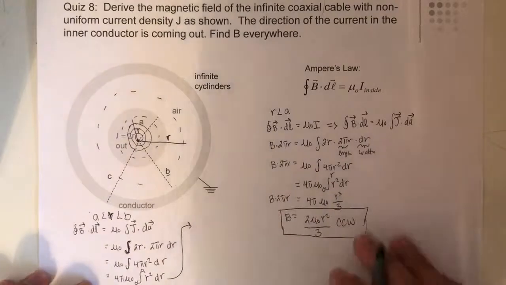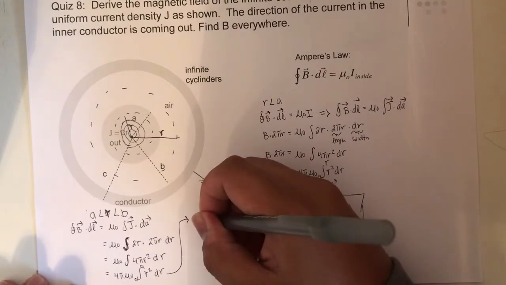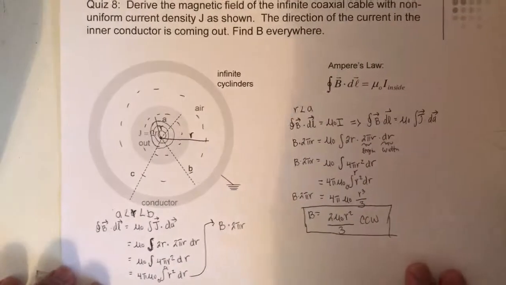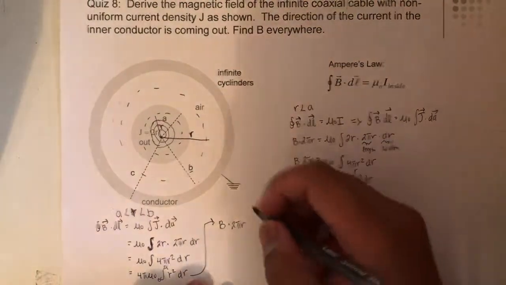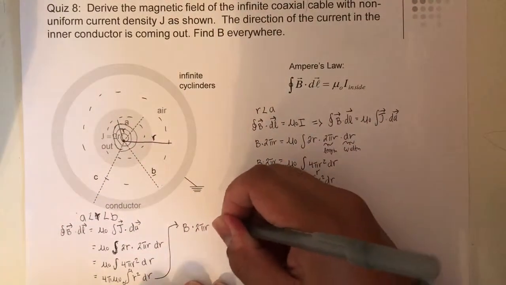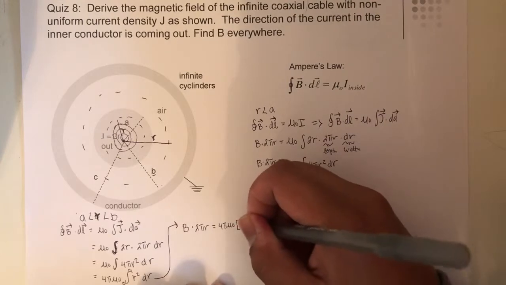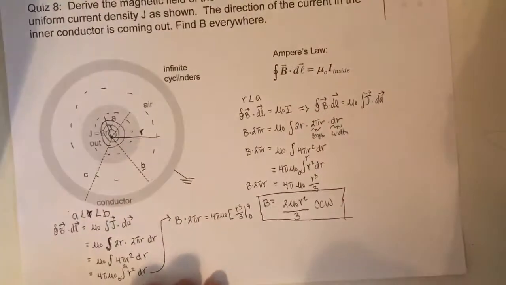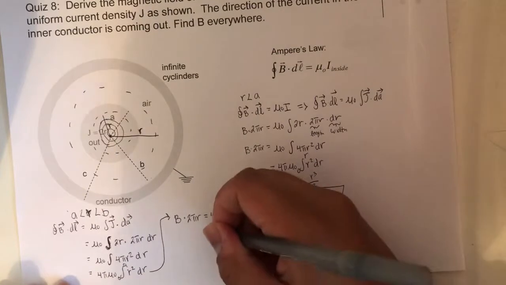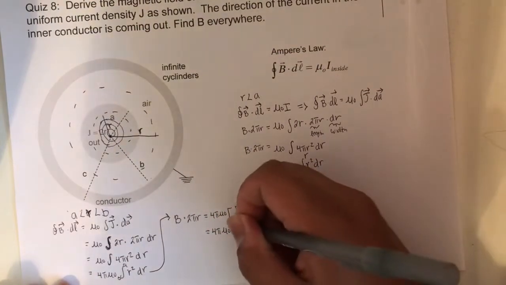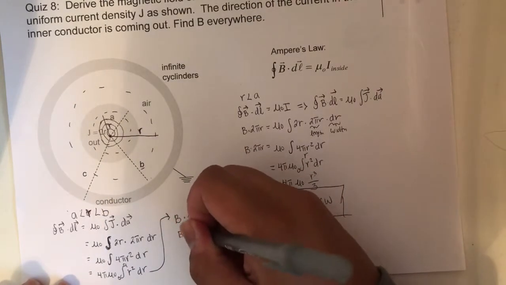Bringing this up right here, we have B times 2 pi r, which is our dl, equals 4 pi mu naught times r cubed over 3 from 0 to a. Simplifying that even further, we get 4 pi mu naught a cubed over 3 times 2 pi r.